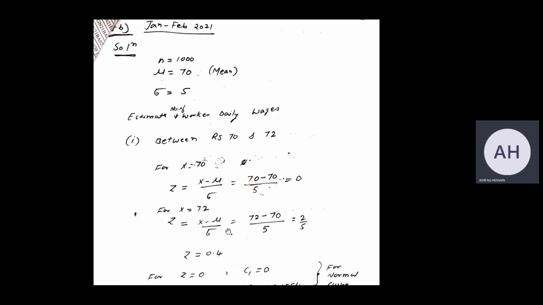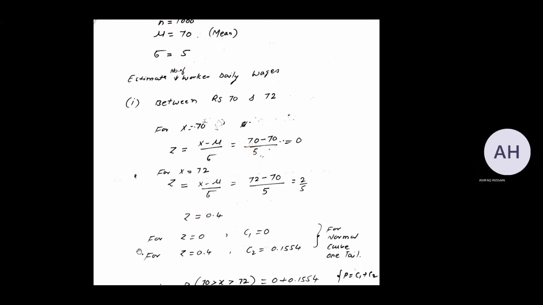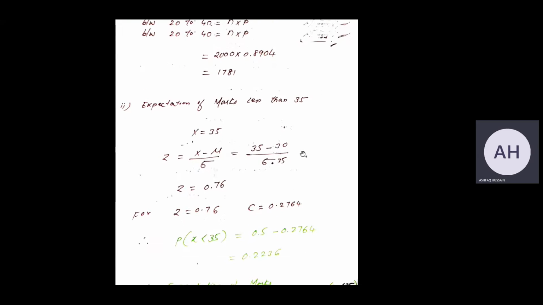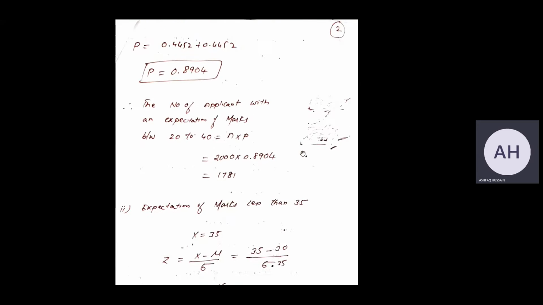Now when you put x is equal to 72, the value will be 2 by 5, that is 0.4. Now for z is equal to 0, C1 is equal to 0, because the range goes up to C values. So if you observe the table for z is equal to 0, the C value will be 0. Now for z is equal to 0.4, I'll show you the C value. Observe, I'll go back to the table.